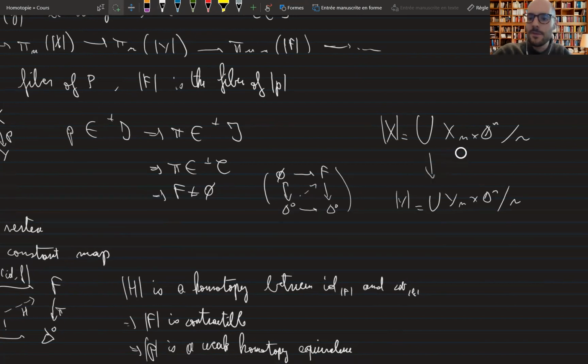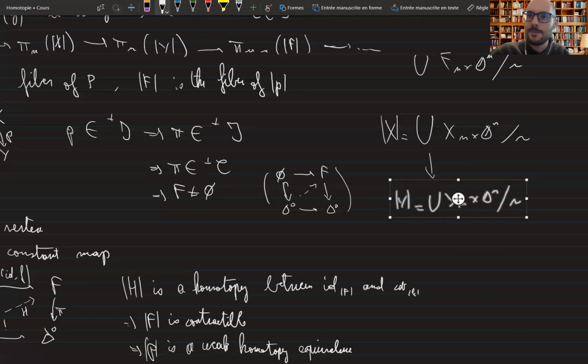Something which is in the fiber of this is something which comes from here. If something is sent to the base point here, then the vertex which is here comes actually from the fiber. It's not a statement about geometric realization preserving limits. It's really like an actual statement about what the functor is.